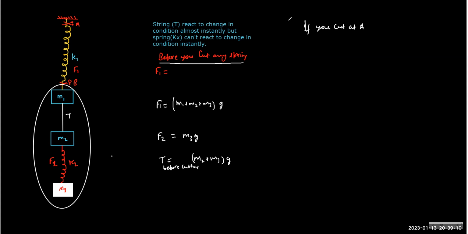If you cut at A, what will happen? Tell me. Nothing changes. All masses will have zero acceleration. So I can say A1 equals A2 equals A3 equals 0. Isn't it, guys? Okay, fine.